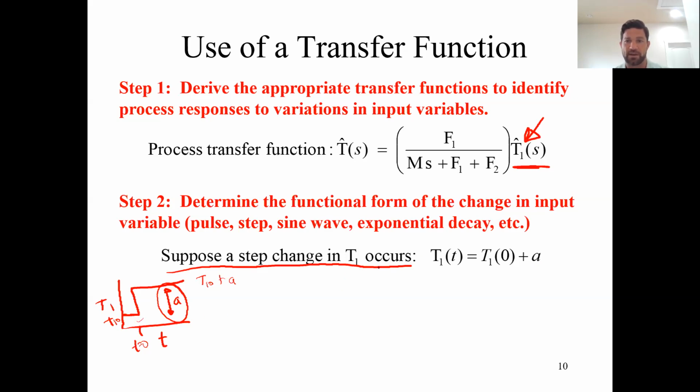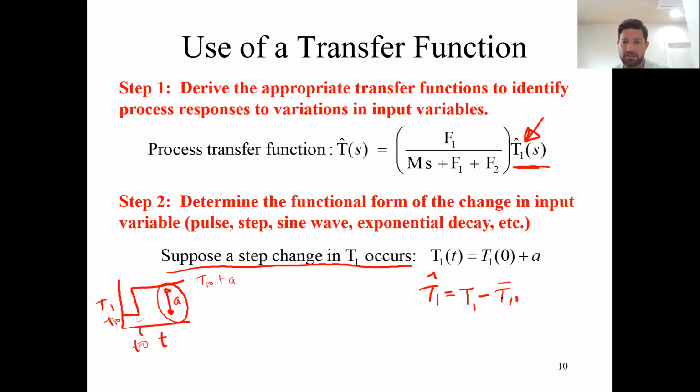That's the definition of a step input change. So the step input change is just a function. If we want to now convert this in terms of deviation variable, T1 hat equals T1 minus T1 bar.